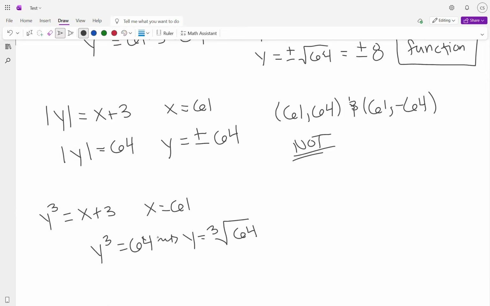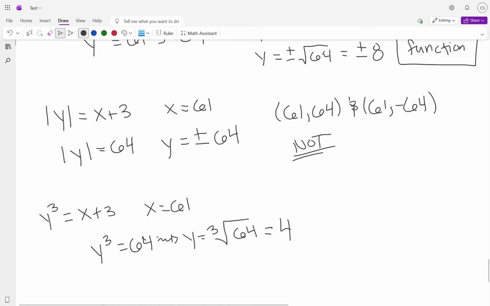And then let's figure out what our answer will be. Our answer here is going to give us 4. Okay, so this one is a function because our 1 point is just going to get one output.